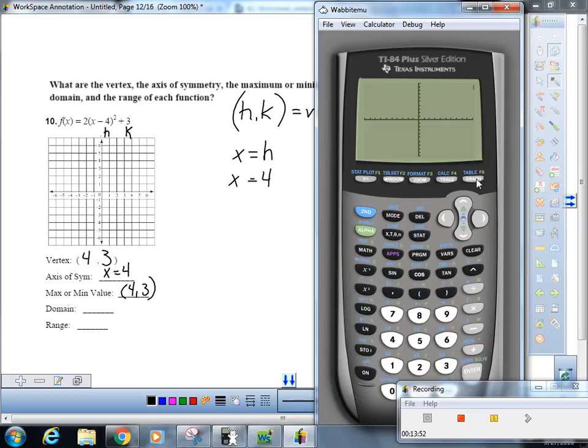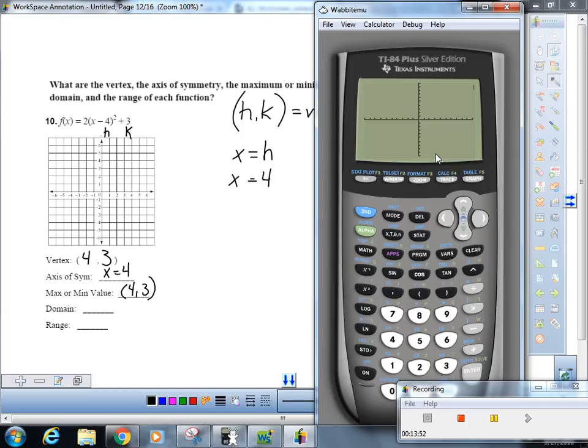All right, so notice it has indeed gone right 4, up 3. That's good. We have our vertex and our max and min right. Think about this line, x equals 4. Remember, that is a vertical line where x always equals 4. 4, 0, 4, 1, 4, 2, etc. Well, good. That looks like our axis of symmetry.